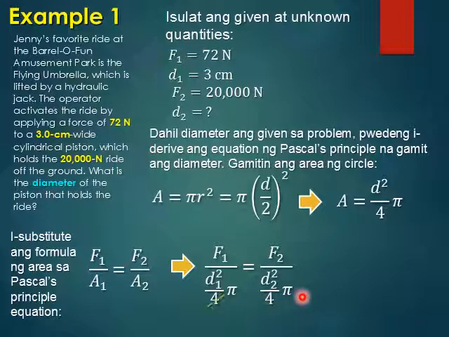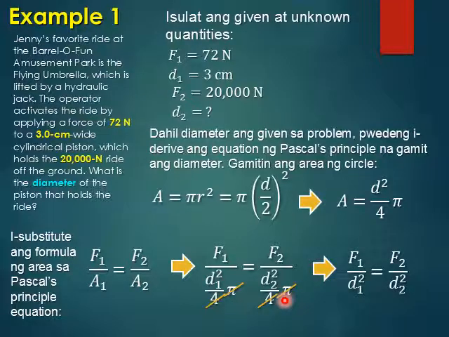Now, if you notice, same lang yung over 4, so pwede natin siyang i-cancel. Pati yung pi, pwede natin i-cancel kasi parehas lang siyang nasa both sides of the equation. So, pag sinimplify natin, you only have F1 over D1 squared equals F2 over D2 squared.